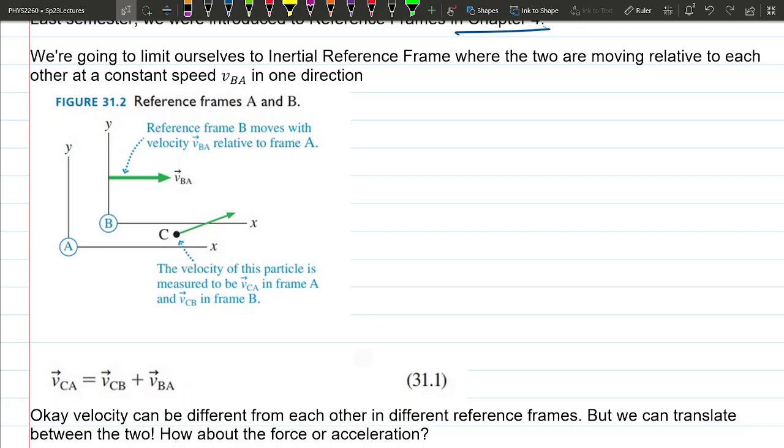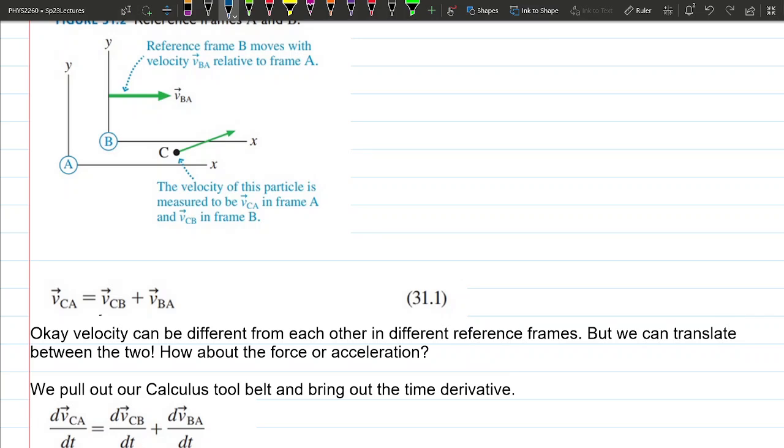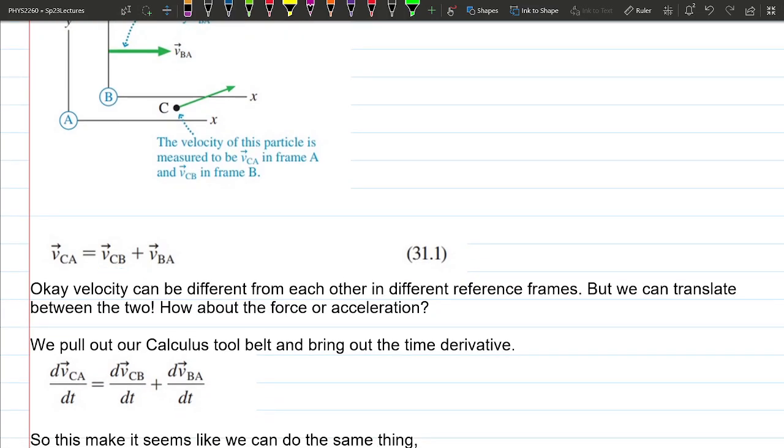Let's say we figure out how fast the cat is running in Brittany's frame, and we want to figure out how fast the cat is running in Alec's frame. The way we do this is we basically add these two vectors together.